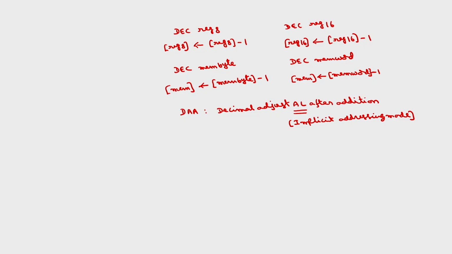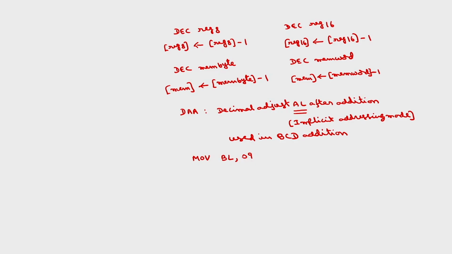We know that after addition, if we want to perform BCD addition, this instruction will be used in BCD additions. If I take, for example, 2 BCD numbers, MOV BL, 09.